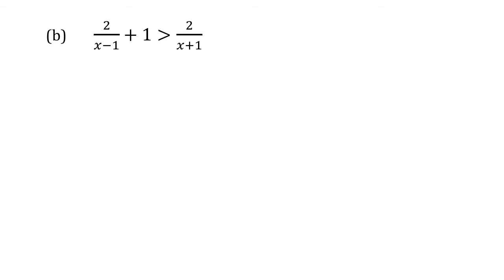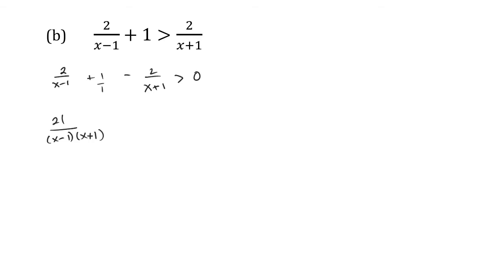On this next one, we're going to see what happens when we have a fraction. The first step is the same: move everything to one side so you have 0 on one side. So we'd have 2 over x minus 1 plus 1, and subtract that 2 over x plus 1 from both sides so we get everything on the left side. Now we need a common denominator, so I'm going to let my common denominator be x minus 1 times x plus 1.